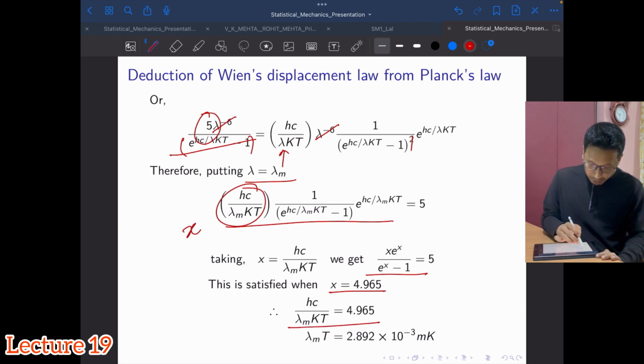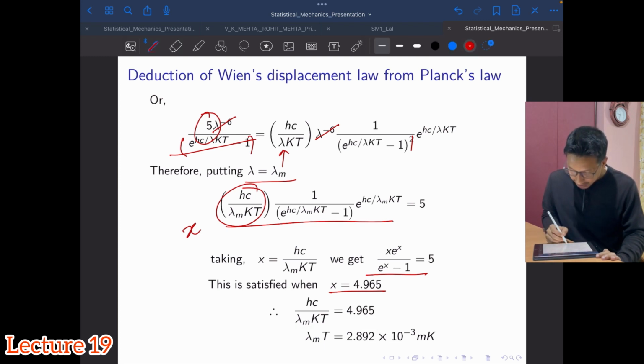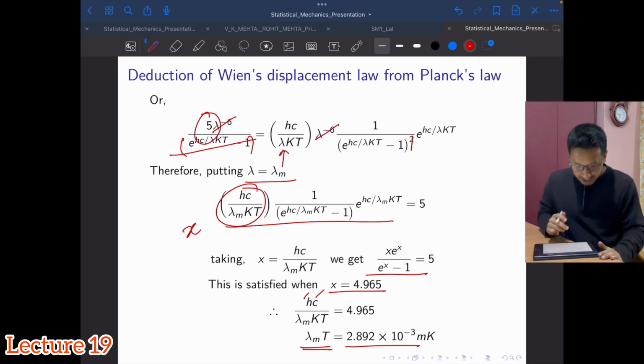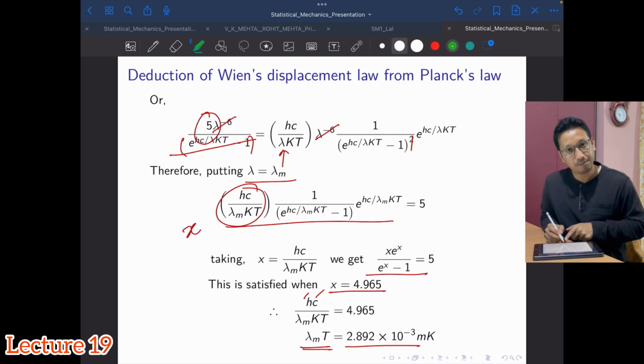Now see, most of the things are constant here. Apart from what we need, h is constant, c is constant, the values are known, k is the Boltzmann constant. So I will have lambda m multiplied by T equal to this. This expression, lambda m multiplied by T, is constant, which is our Wien's displacement law.